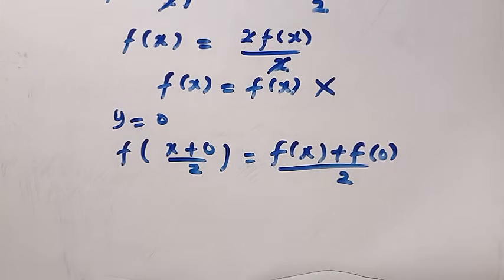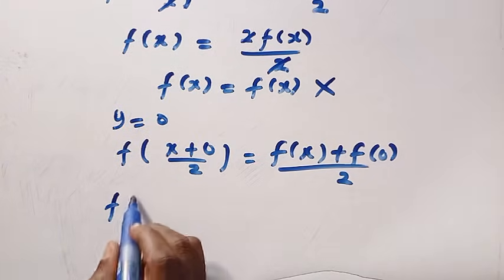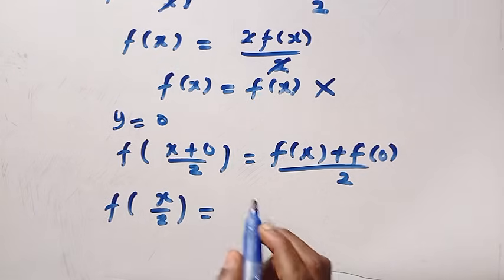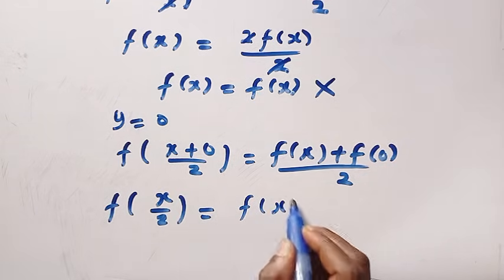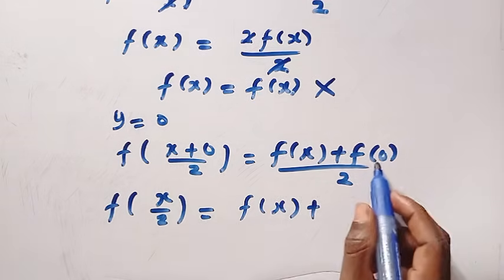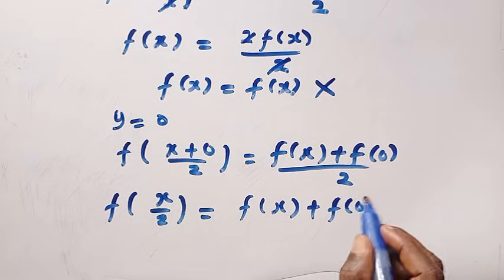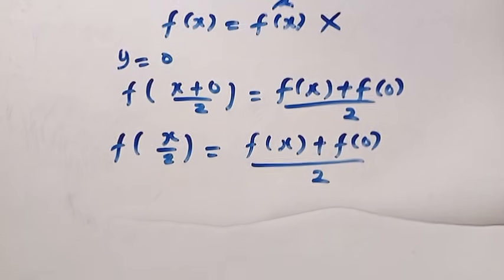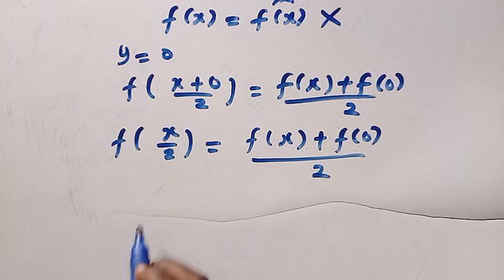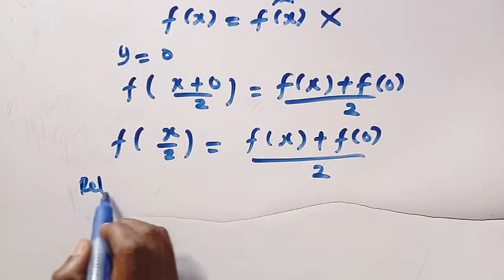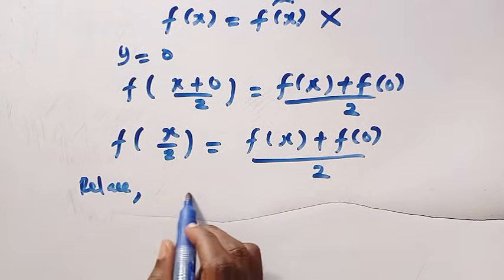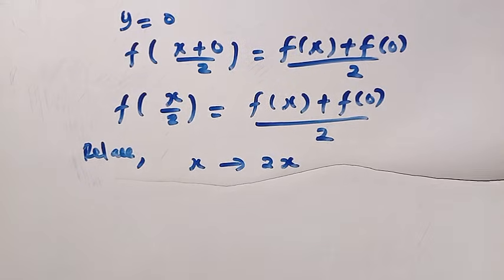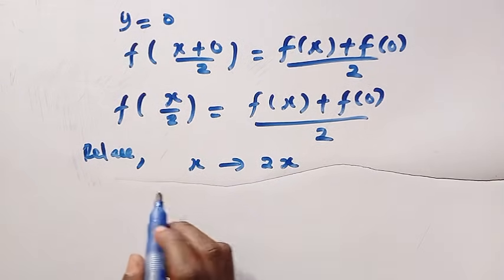For this we have f of x over 2 equals f of x plus f of 0, divided by 2, since f of 0 we don't know, so we leave it as f of 0. At this point, suppose I let x be 2x. Anywhere I see x, I'll be replacing it with 2x.